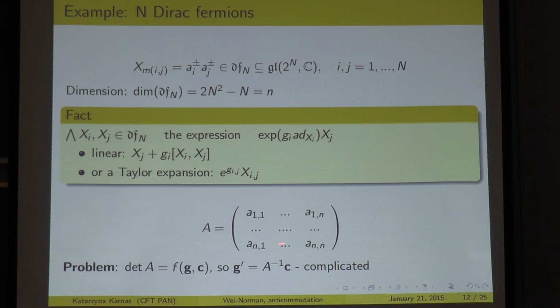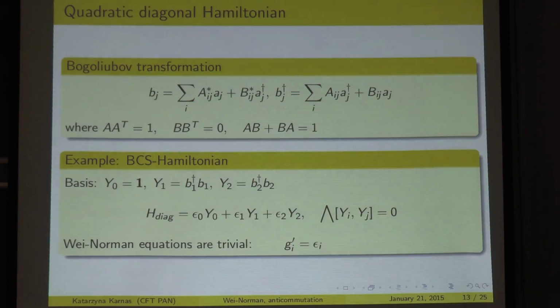Maybe to sum up, the Wei-Norman algorithm should not be used for many-particle systems, because the most efficient method to solve such problems is the Bogoliubov transformation.